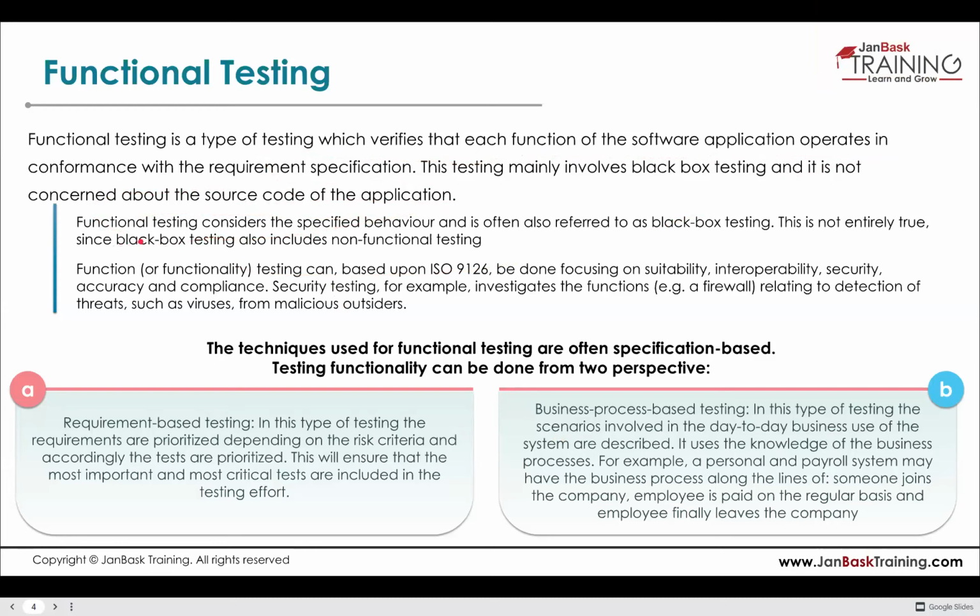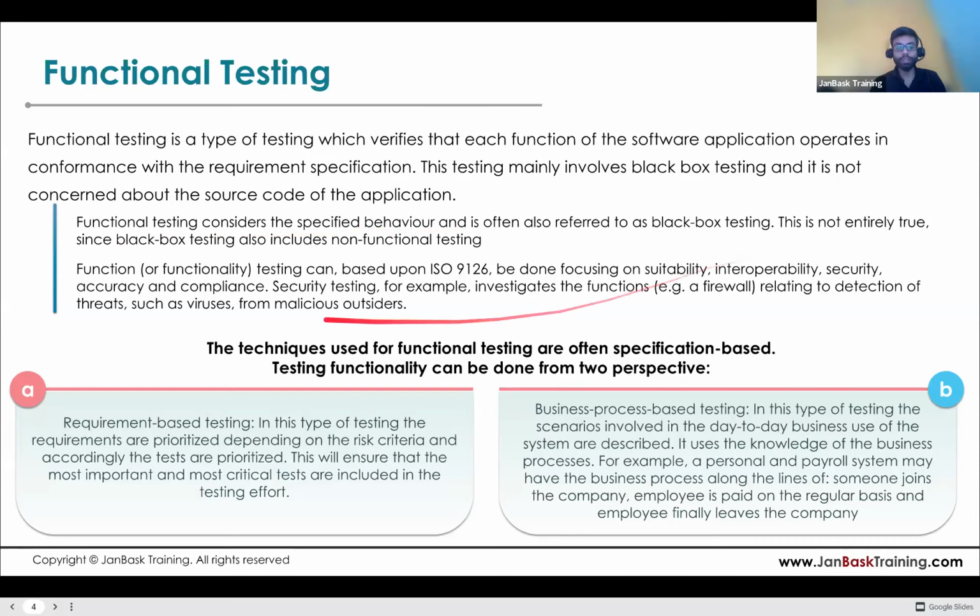Finally, functional testing considers the specified behavior and is often also considered as black box testing. That's pretty much clear. This is not entirely true, since black box testing also includes non-functional testing. So I told you, right, that in black box testing, we have functional and non-functional testing both.